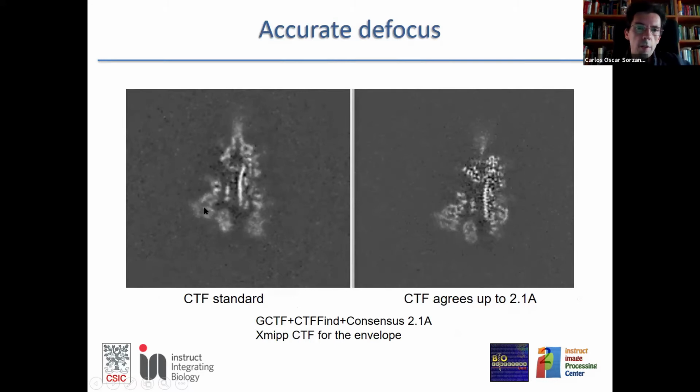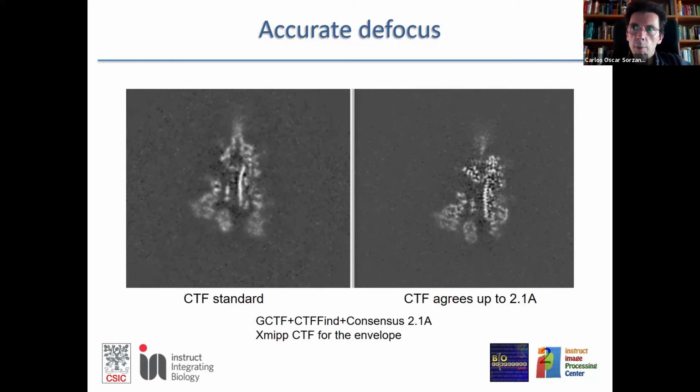When you just use a standard CTF detection, this is what we were getting. When you use several algorithms like GCTF, CTFFIND, and then Xmipp CTF for the envelope, and you ask that all these algorithms agree up to 2.1 angstrom resolution in their prediction of the CTF, then it is only then that you get high resolution on your structure.